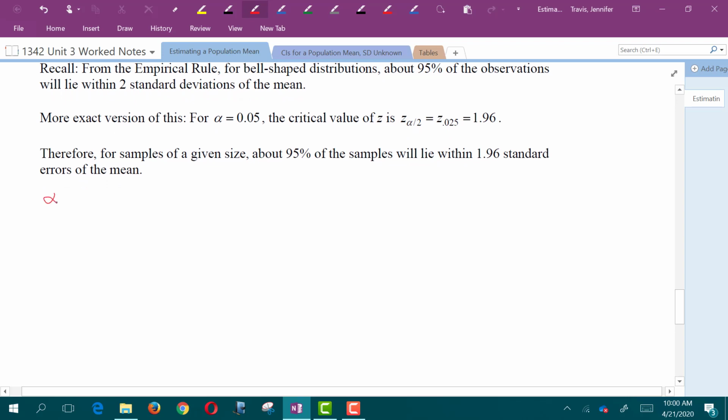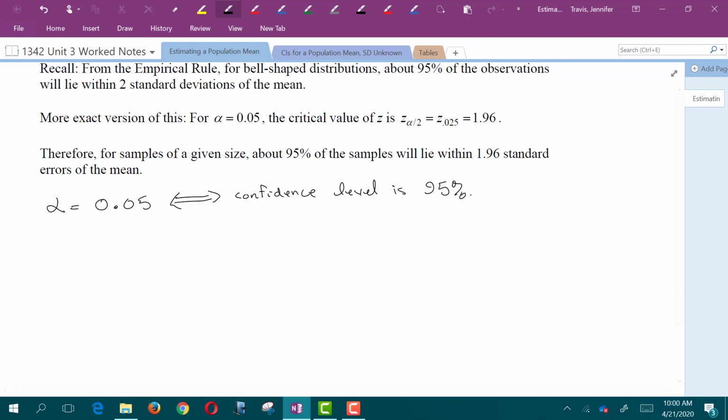So let's draw a little picture here. So if my alpha is 0.05, that is the same as the confidence level is 95%. Okay, but confidence levels are normally done as percentages, and the alphas are done as decimals.